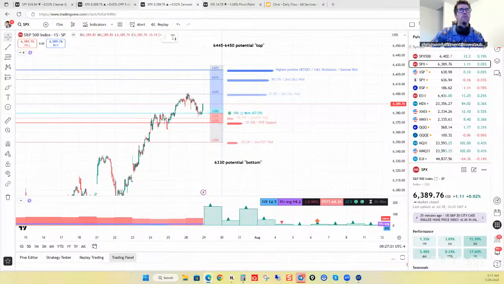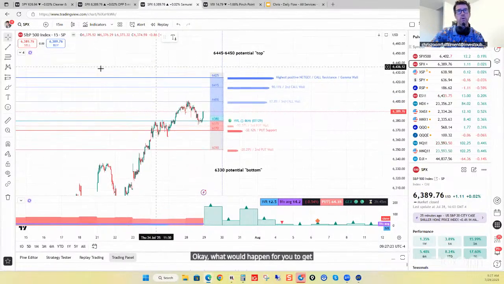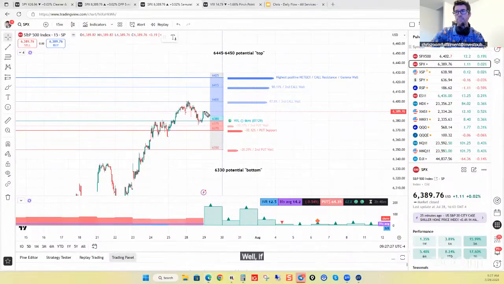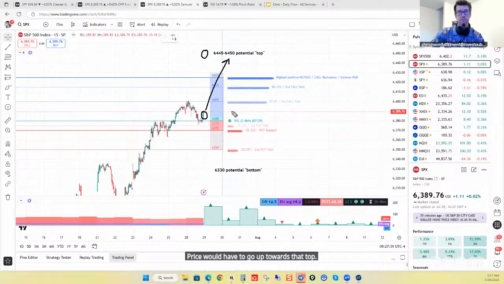Okay. What would happen for you to get the $55 fill? That's a great question. So Roberto's asking, how do you get that fill? Well, if I did sell here, buy here for 50, or if I got filled for $55, price would have to go up towards that top, because it's essentially getting filled.